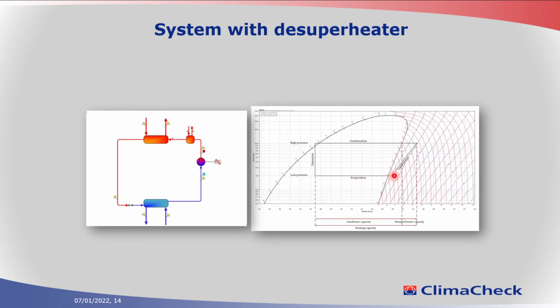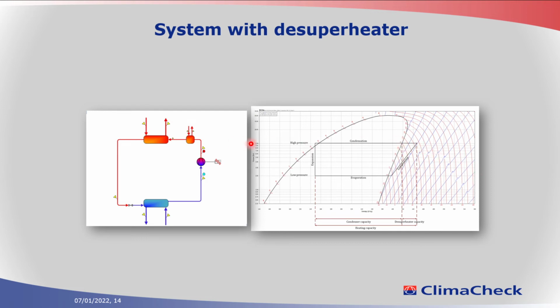On this part, you have the evaporation, the compressor, but then this first part is where we start to decrease the energy. We are removing heat. That is done in two different heat exchangers. So this first part would be the desuperheater, and this part here is the energy in the condenser.